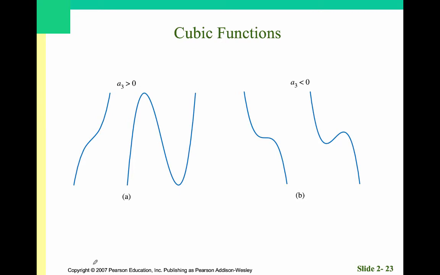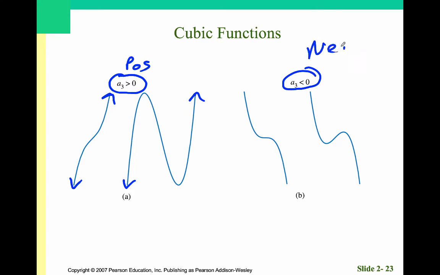Cubic functions. If the lead coefficient of a cubic function is positive, we will always go up to the right and down to the left, no matter what the rest of it does. If the lead coefficient of a cubic function is negative, then we will always go up to the left and down to the right. I like to think of these as slope.